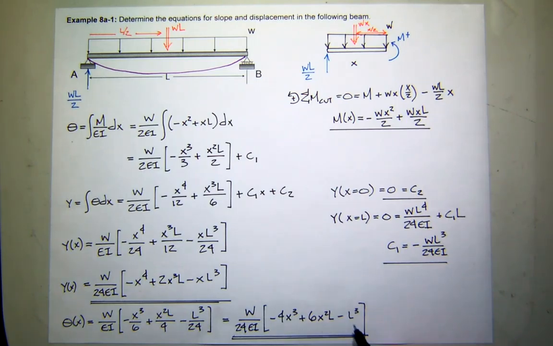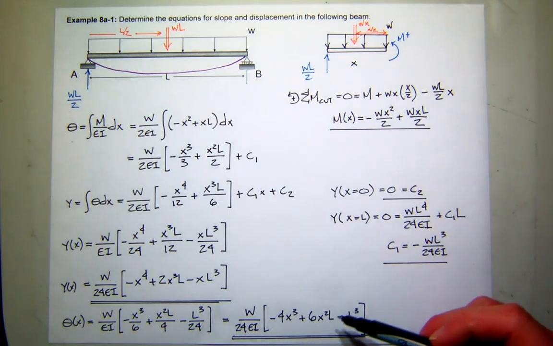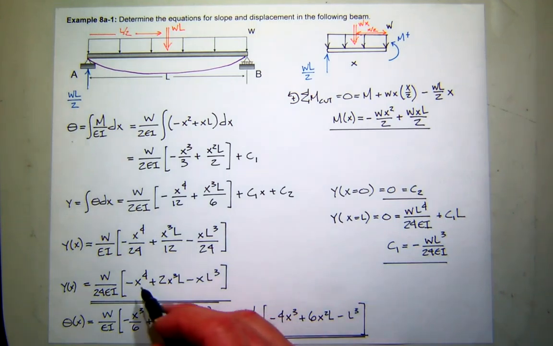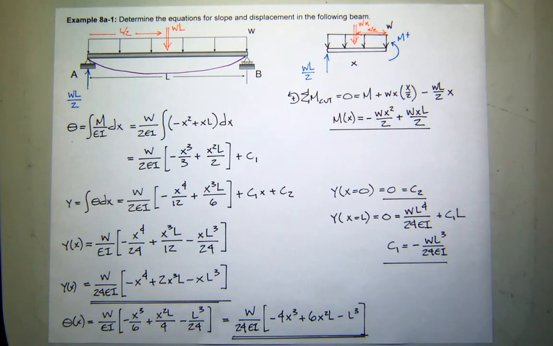No, that's right. Never mind. I'm sorry. So you'd have to find these roots here. You could do some work on this and find the values of the roots. And I think you will find that it is true that at x equal L over 2, the slope would be 0, and that would tell you where the displacement is maximum.